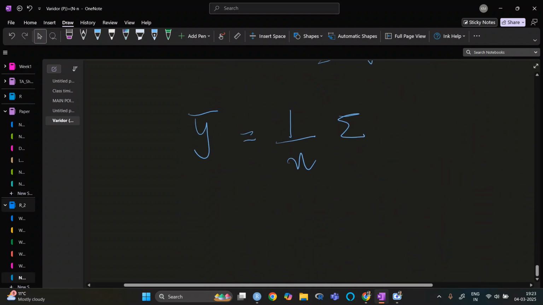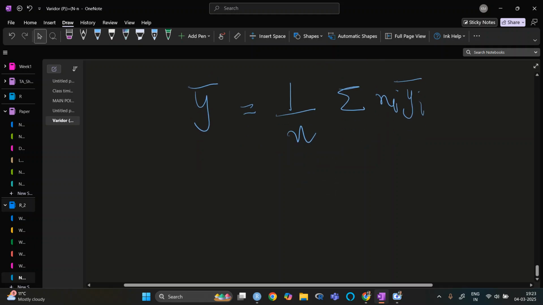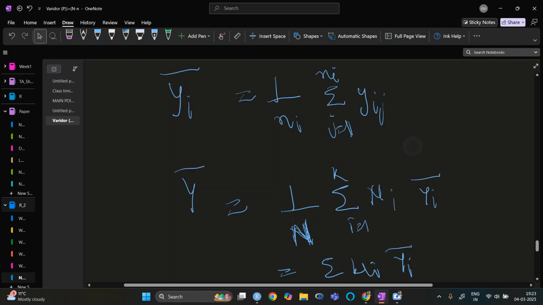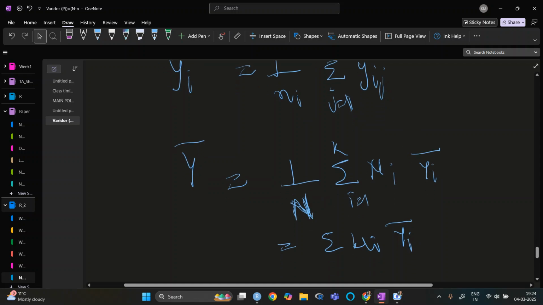So if I take this, then it will be n_i ȳ_i, i equal to 1 up to k. The similar one means the weighted population mean.